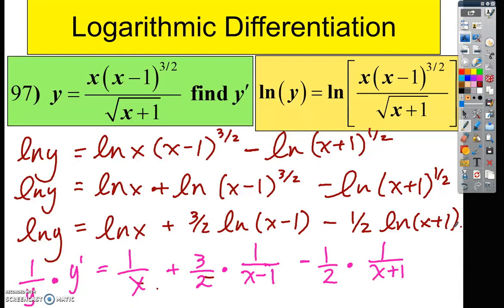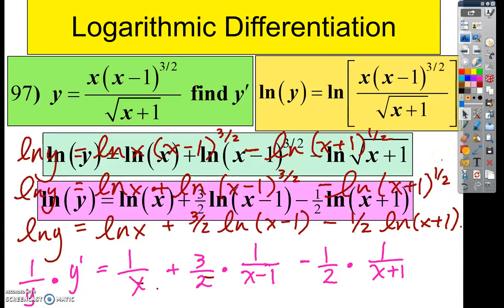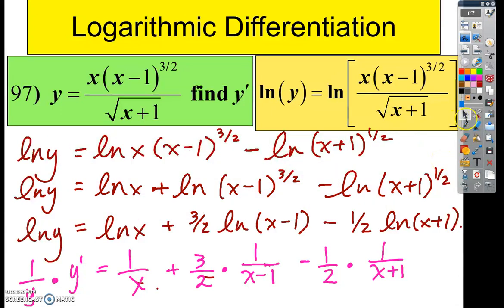We wanted to get y prime alone. So what we would have here, just cleaning this up a little bit.